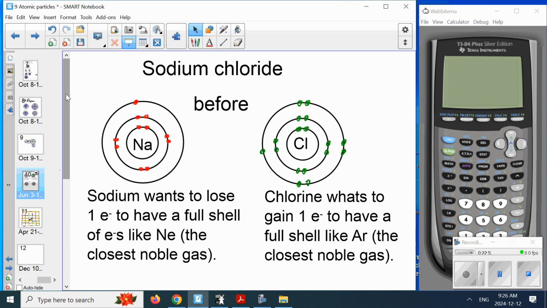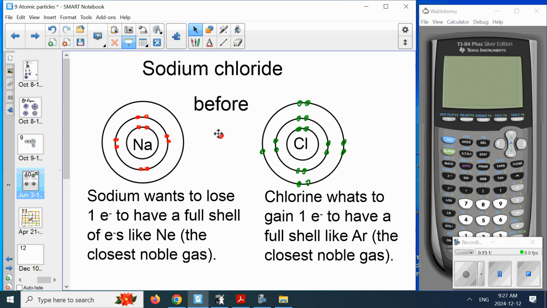If I take away one negative, that means there's 10 electrons, 11 positive protons. Is the difference positive or negative? 11 positives, 10 negatives. The difference is positive 1, right? So when I remove that electron, it has a positive 1 charge.